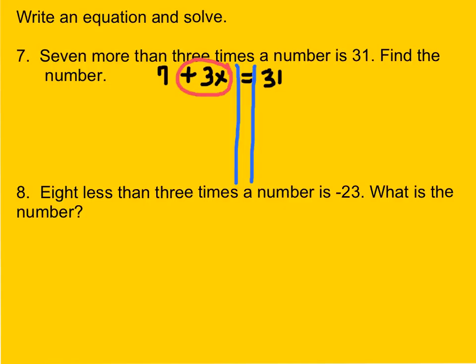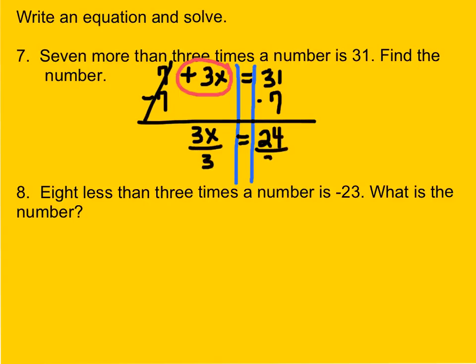We need to first get rid of the 7, so we're going to do minus 7 on both sides. 7 minus 7 is 0, so those go away. We're left with 3x equals 31 minus 7 is 24. And then divide both sides by 3. So x is equal to 8.